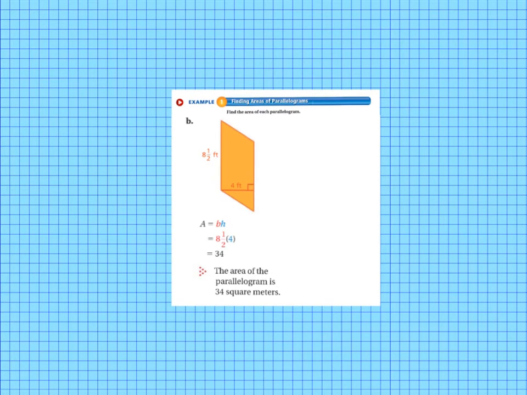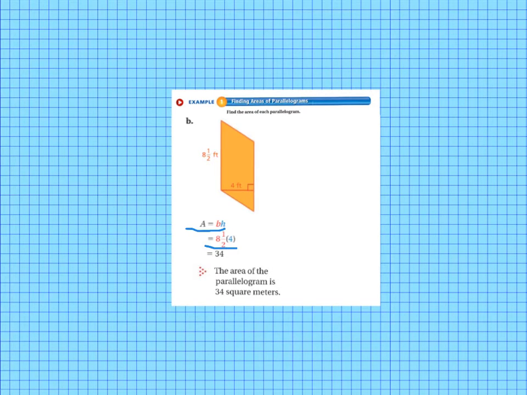Now let's take a look at example 1b. This is also a parallelogram. It's just turned a different way than what we're used to normally seeing it, and that's fine. So we're going to find the area of our parallelogram. Again, our first step is we write the formula, and then we substitute in the values.